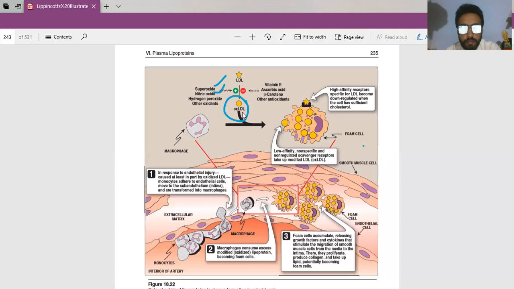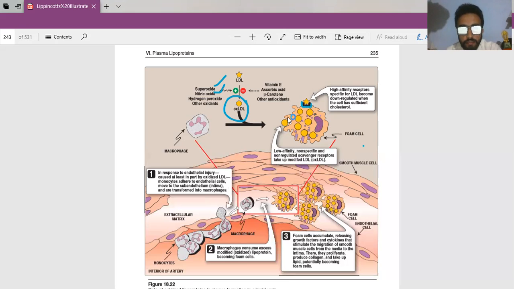And these oxidized low density lipoproteins are basically the food for the macrophages which come to that particular site of injury. And these oxidized low density lipoproteins are then engulfed by a special type of receptors which are present on the surface of the macrophages. These are the receptors which are known as scavenger receptors.